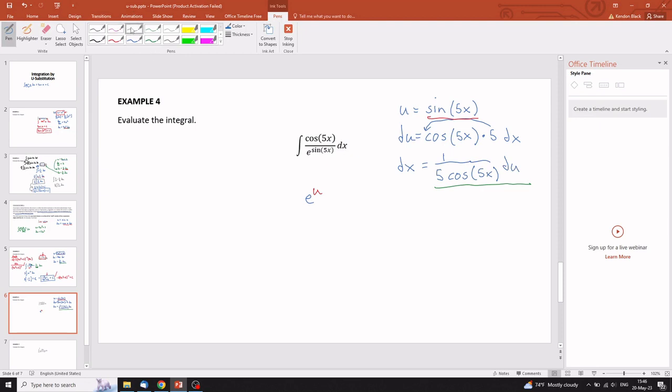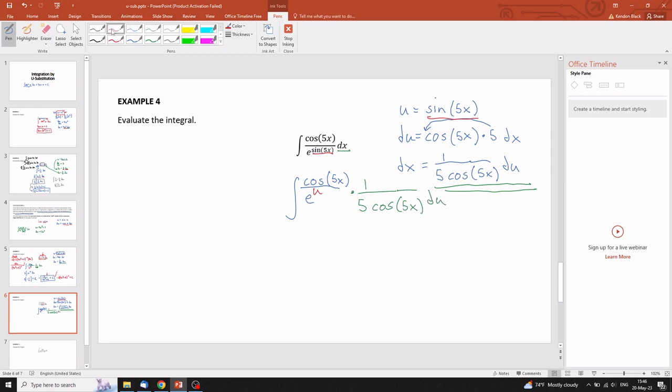So we have the integral of cos 5x. And then this became the u, and the dx is going to become all of this. So we're multiplying by 1 over 5 cos 5x du.